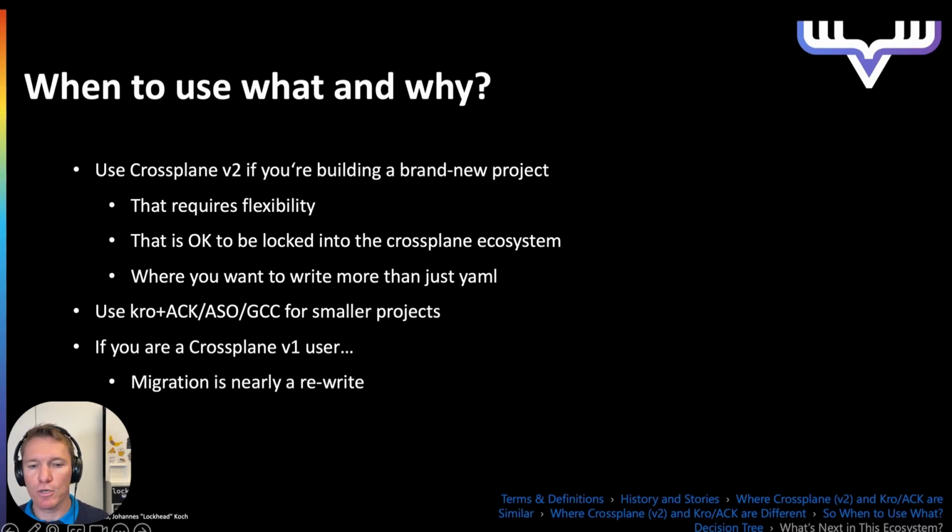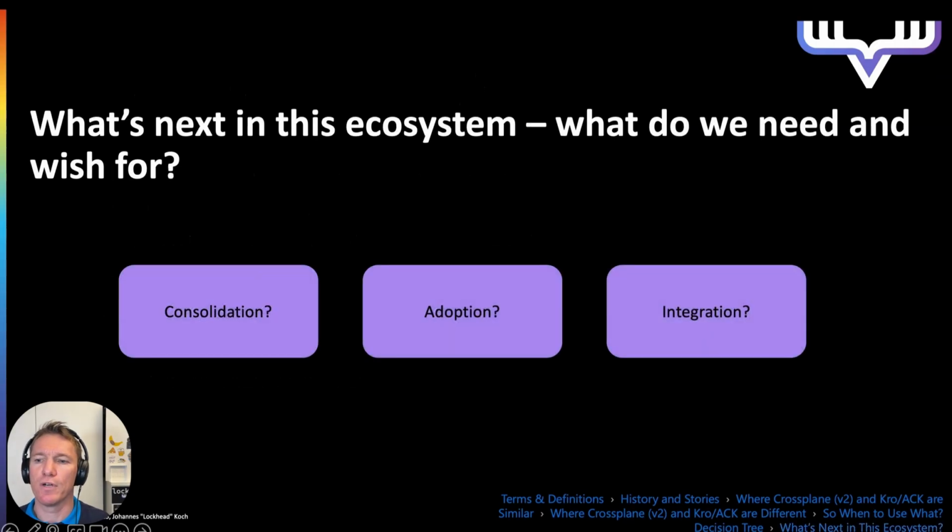And with that, let's try to look ahead. So what I wish for, right? I think I'm hoping for some consolidation. I was very disappointed seeing that Crossplane V2 and KRO are kind of doing the same thing, which essentially is a composition engine for Kubernetes, right?